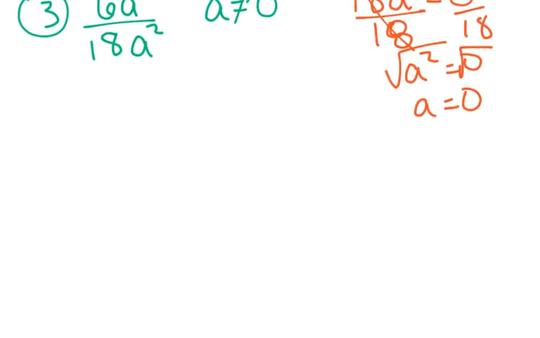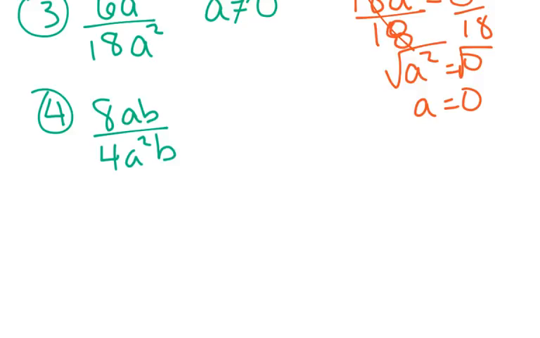Okay, number 4. 8ab over 4a squared b. Okay, what variables do I have in my denominator? I have an a and I have a b. Well, since the only thing that's happening here is multiplication, what do we multiply to get 0? We have to multiply by 0.